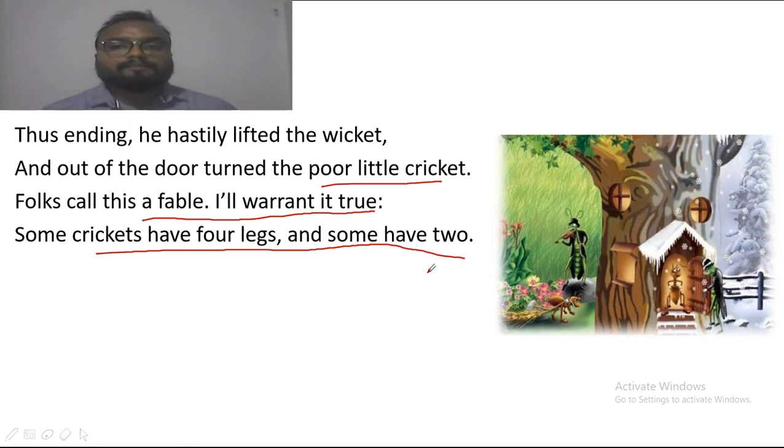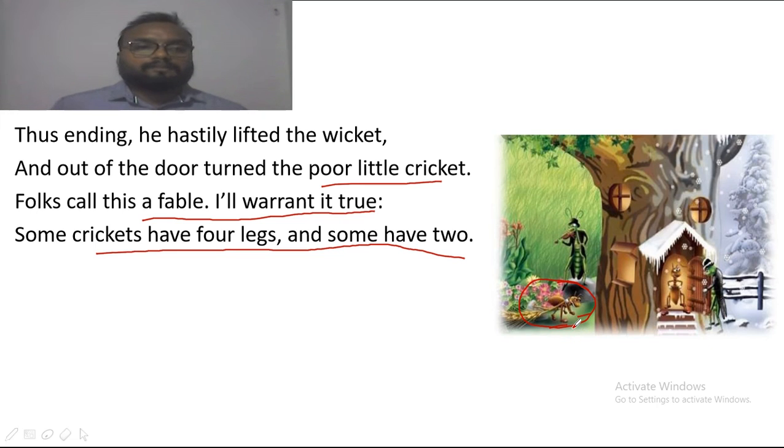So by means of hard work they have converted two legs into hands, and they are using the other two for the leg purpose. As you can see in this picture, this cricket is walking with the help of these two legs, and the rest two are up there.